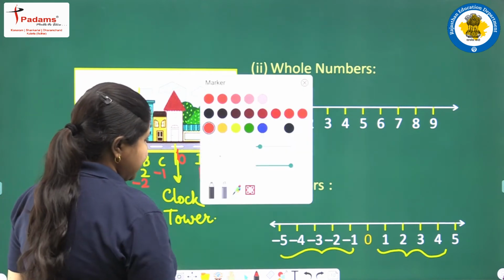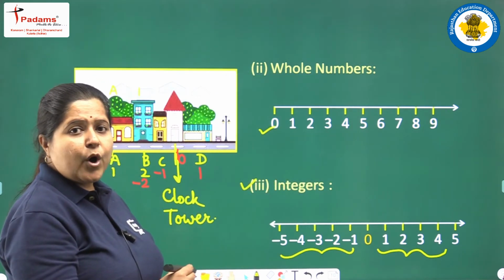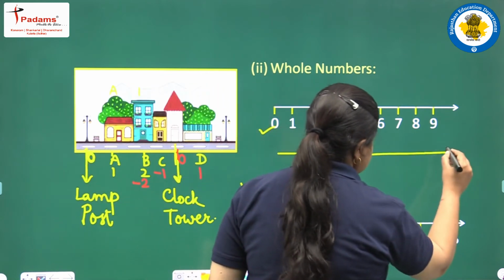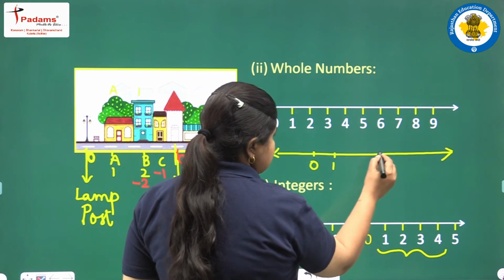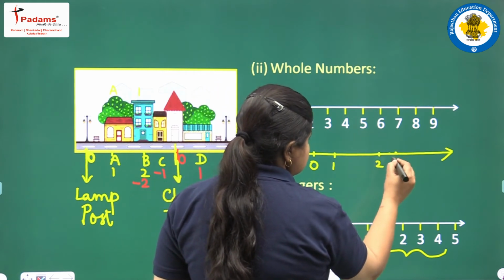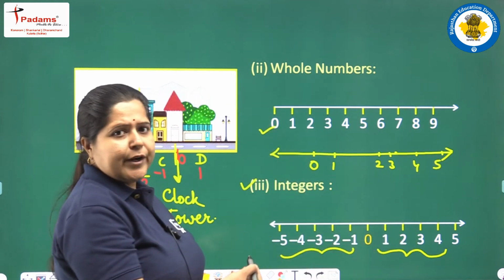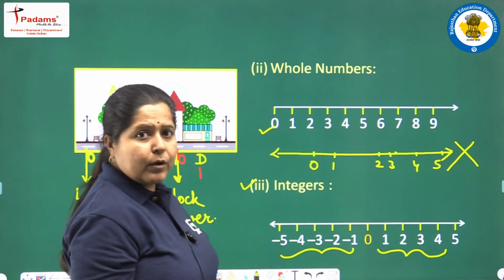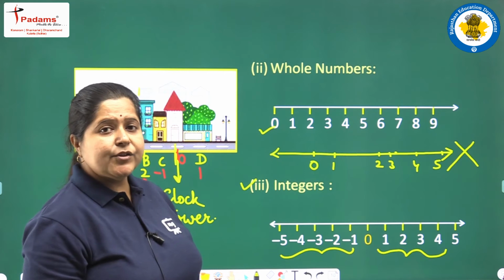One thing more I would like to tell you. When you all are asked to draw a number line in a copy, many of you draw it in this way. You take it 0, 1, 2, 3, 4, 5. This is absolutely wrong. Why wrong? Because you are not maintaining a proper distance between each unit.